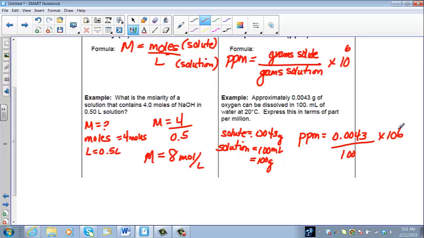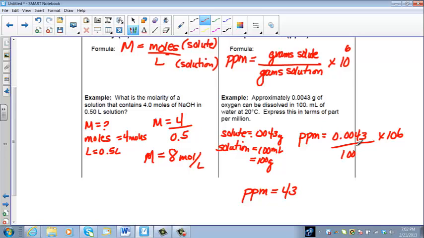Again, make sure that you're using things properly on your calculator with parentheses so that you don't get wrong answers. And when I solve this problem, I get parts per million equals 43.